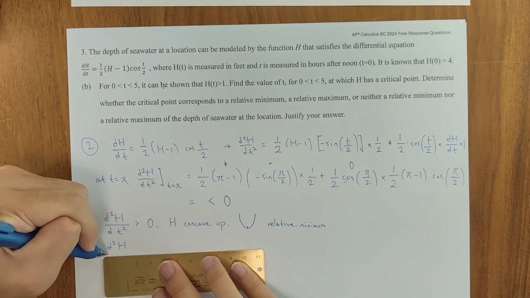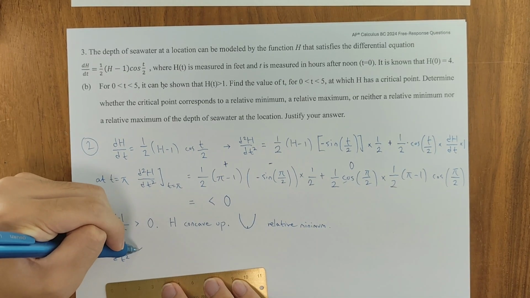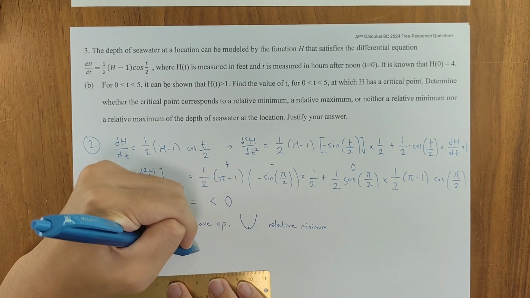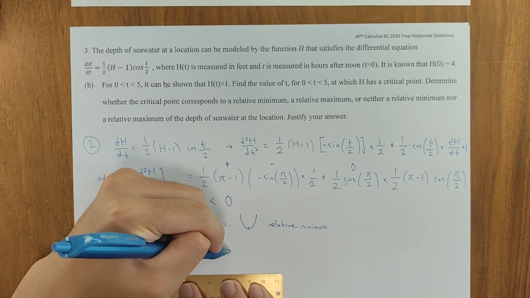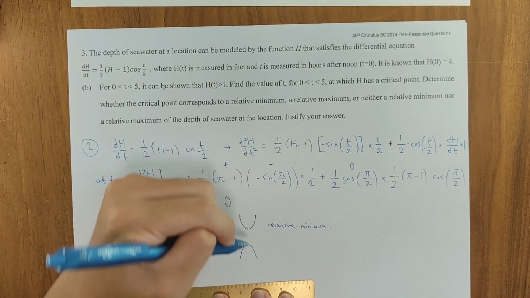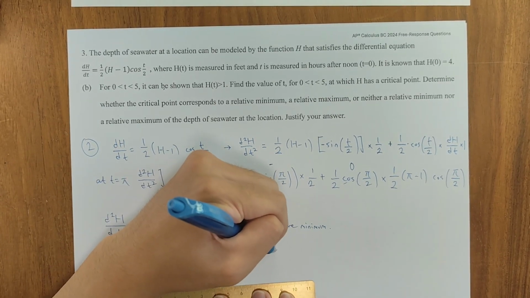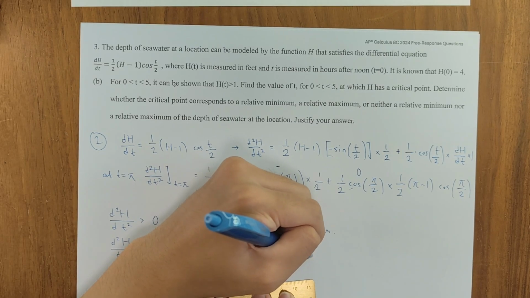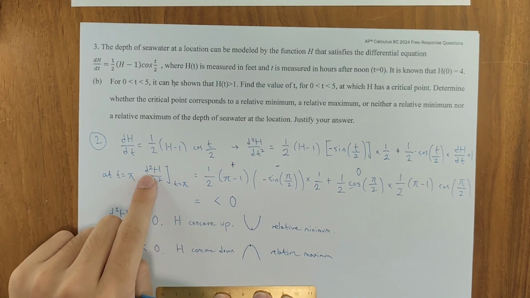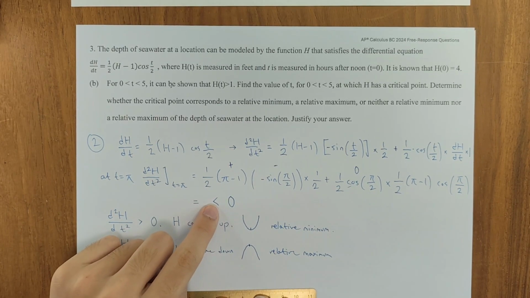And if the double derivative is smaller than 0, then h is concave down at that point. So something like this. And this has a relative maximum. We found out that at t equals pi, the double derivative of h is smaller than 0.